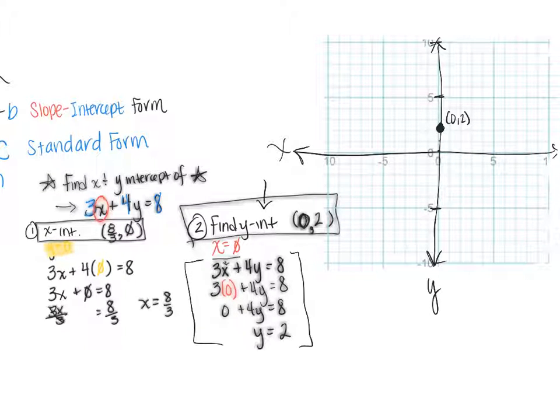And next I'm going to plot my x-intercept at 8/3 and 0. In order to plot that, I need to simplify 8/3 a little bit, and I need to think of 8/3 as about 2 and 2/3. So that's going to be about here, right? 1, 2, and a little more than a half, and this is 8/3, 0.